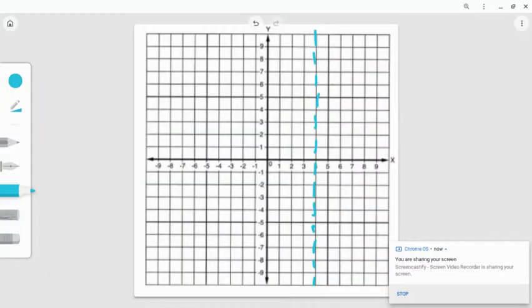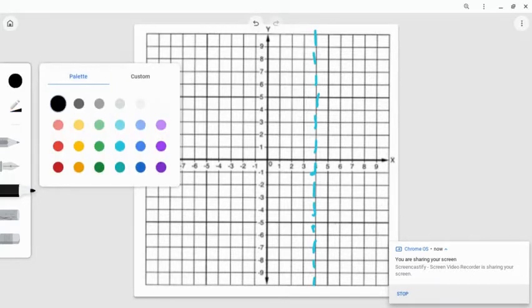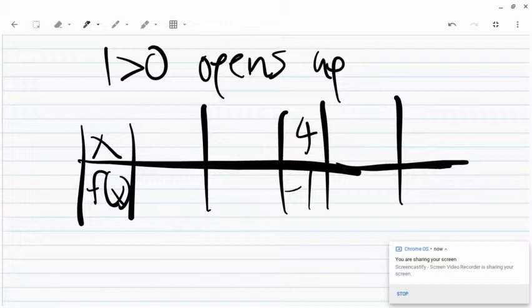So now you put that point in just so that you can have a visual representation. Okay, now we're going to find the rest of these points. To do this, all you have to do is put a number that is less than 4.